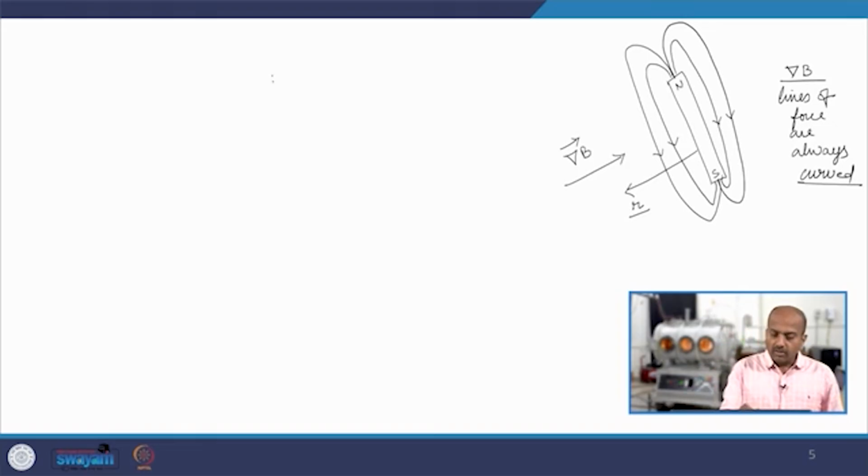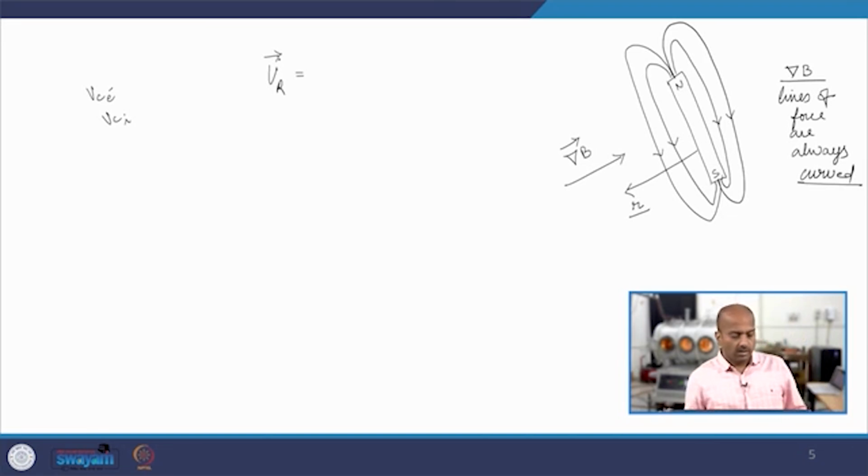So, we know the curvature drift, let us say we write VR for curvature. We used Vc for curvature, Vc electron, Vc ion. We write a general expression without involving the charge Q to be positive or negative.